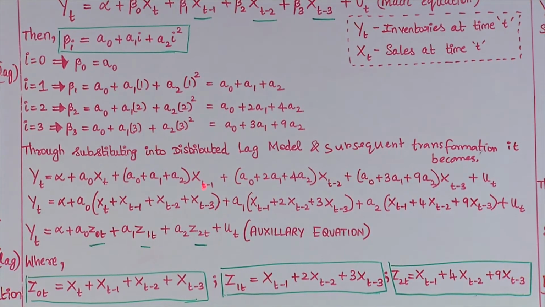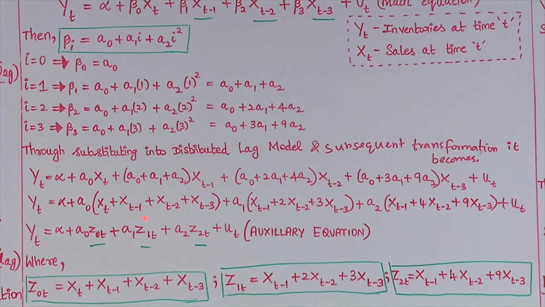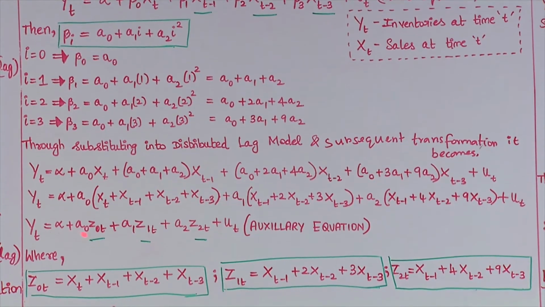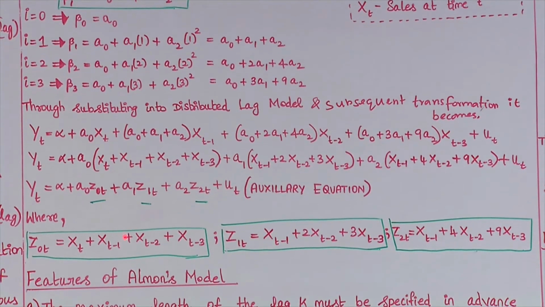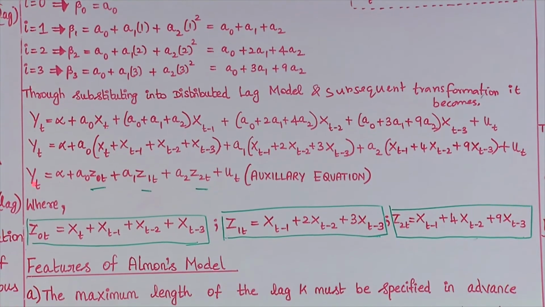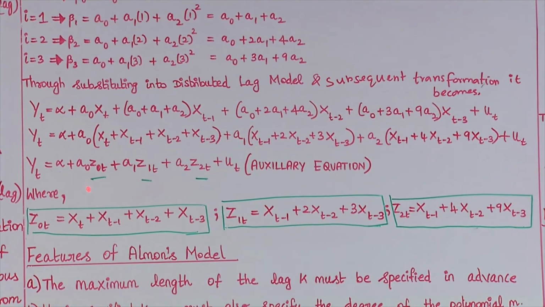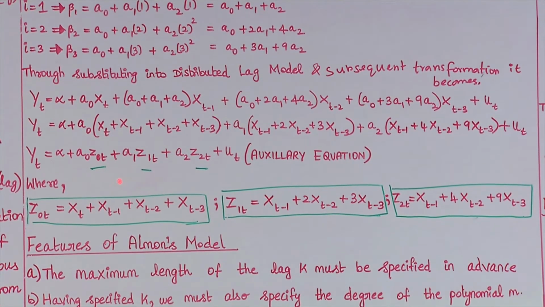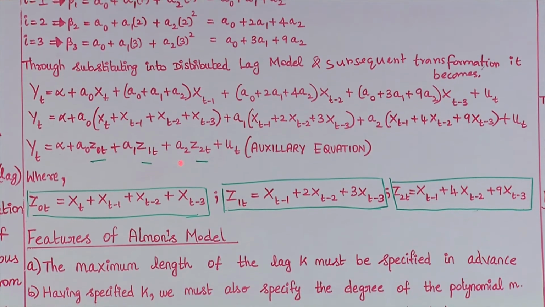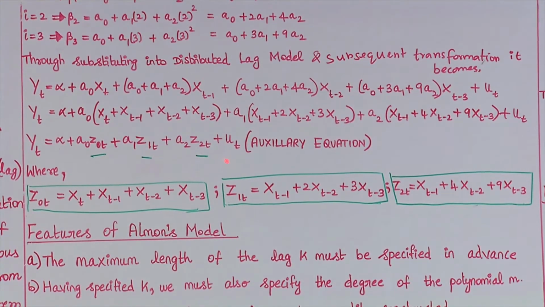So you can take these as one single variable. Let us assume this as z0t, and let us assume this as z1t, and let us assume this as z2t. So then the expression becomes very simple, that is an expression in terms of the variables z. So you get yt is equal to alpha plus a0 z0t plus a1 z1t plus a2 z2t plus ut.